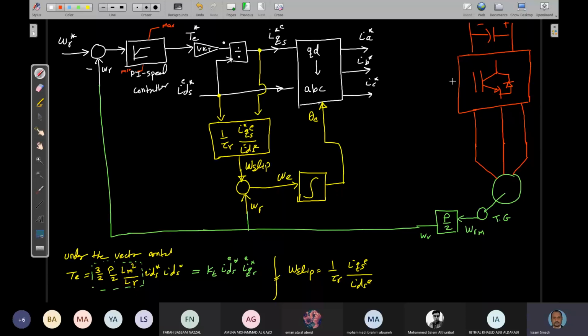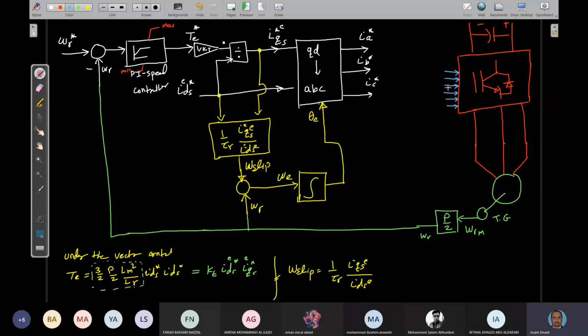Now the inverter here needs gate pulses. I need gate pulses, 6 for the 6 switches, 3, and the 3 is complement. Those are gate pulses.